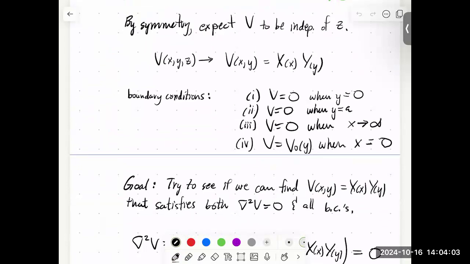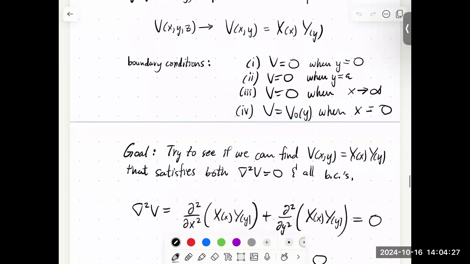If we can find a potential that satisfies Laplace's equation and the boundary conditions, then by the uniqueness theorem we know that it is the one and only solution. There's no reason to expect that separation of variables is going to work for all problems. We're just trying to see what would happen.